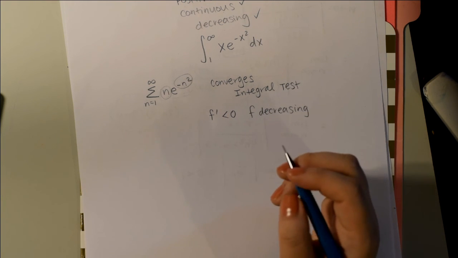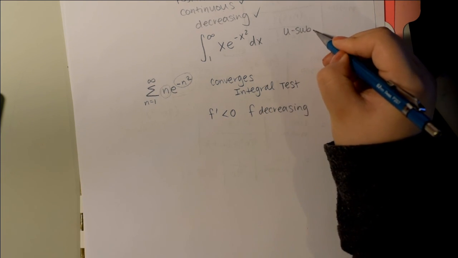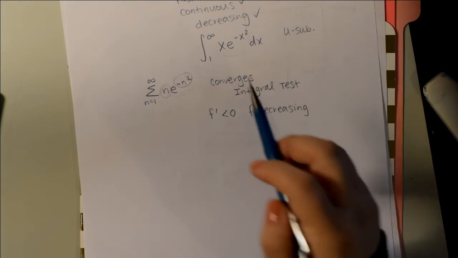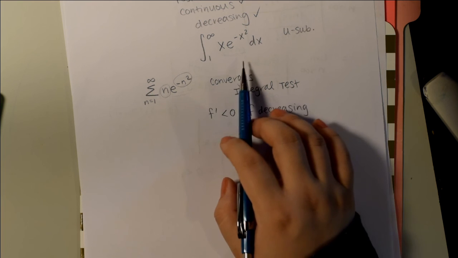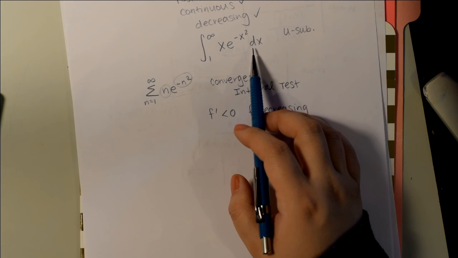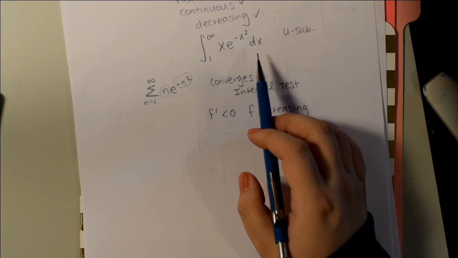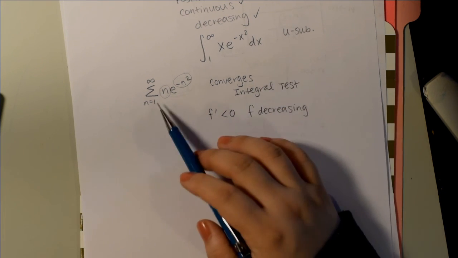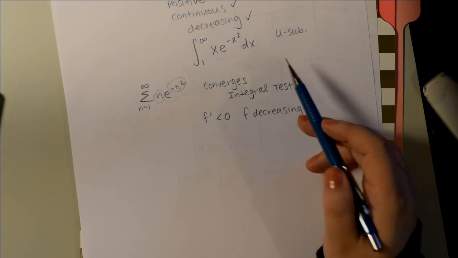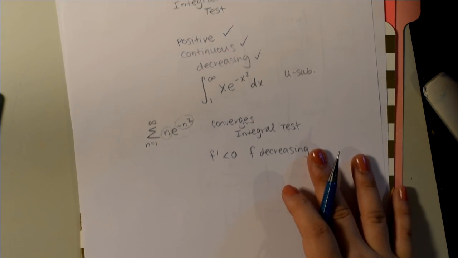That makes me think a nice u substitution would come in handy, but I haven't actually worked this out. You can plug this into a calculator and see what the integral tells you. Basically, if it actually converges to a number, then this series converges. So I think this does. I think we could just use some u substitution, but we'll work this out, okay? I just wanted to point that out.